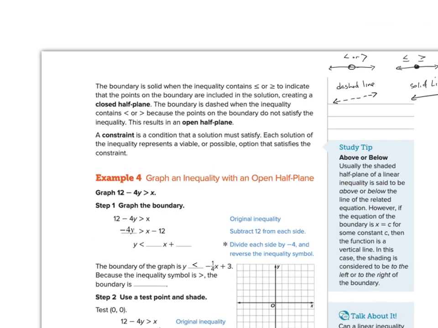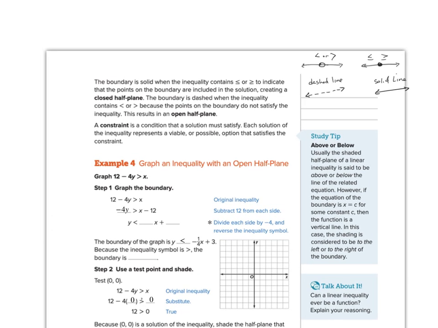Okay, so a boundary is solid when we are graphing an inequality. If you have a linear inequality with less than or equal to or greater than or equal to, think about it. When we would graph on a number line, we would simply use a solid dot, closed dot.